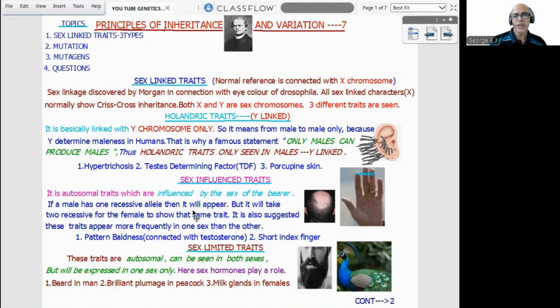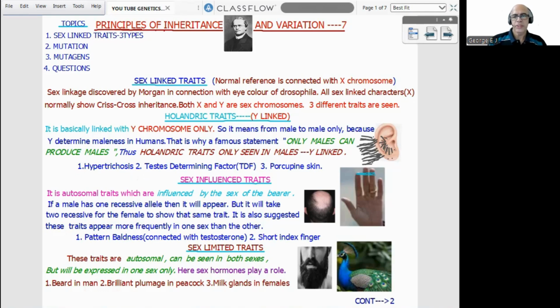When we say it in this manner, it may not be clear, but when we observe the example, it will be clear. A typical example is pattern baldness, popularly seen in males, connected with testosterone. Second is short index finger. See here, the index finger will be smaller than the ring finger. So these two are sex influenced traits.